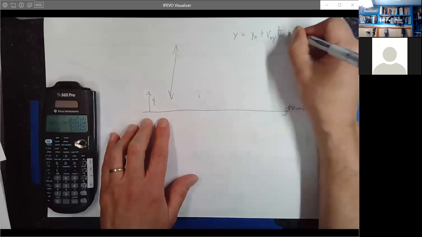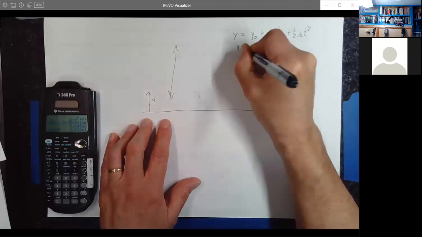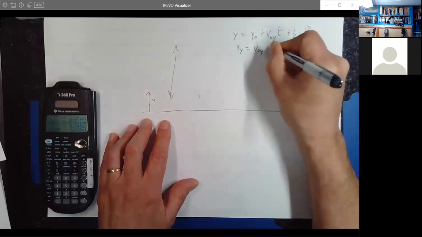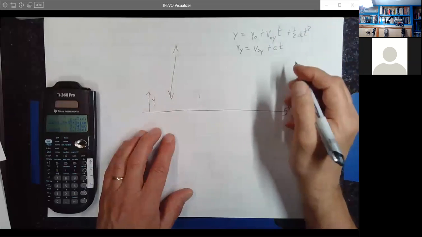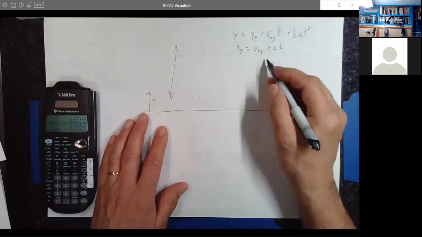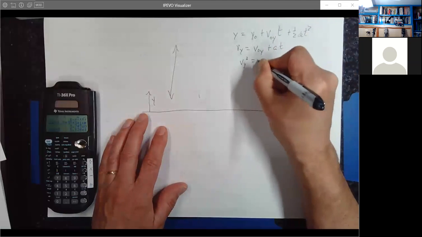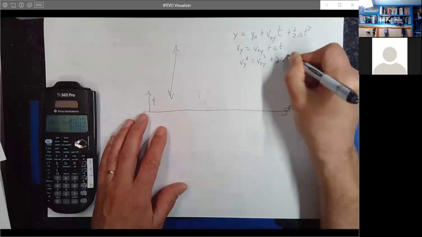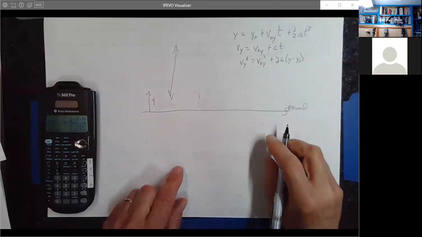And then plus 1/2 a t squared, and I could have v sub y equal v naught y plus a t. And I could have that other equation. I'm not going to write down the average velocity equations, but I could. I'll have v sub y squared is going to equal v naught y squared plus 2a times y minus y naught. And so I can have stuff like that.